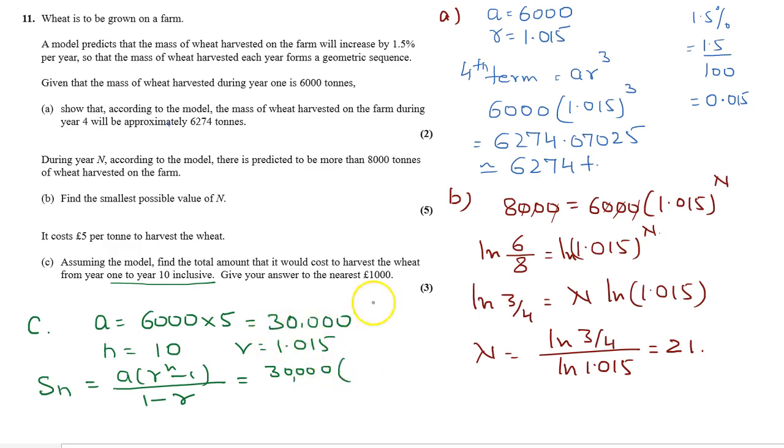This is also making a geometric series, so always remember this. The amount is being paid per ton, so first, second, third, starting from 30,000. So 30,000 is the first term, then second term, then third term. So it's a geometric series. So 30,000 times 1.015 to the power 10 minus 1 over r minus 1, not 1 minus r.